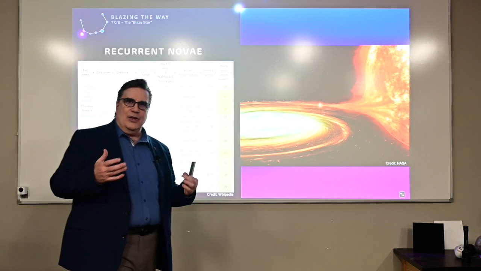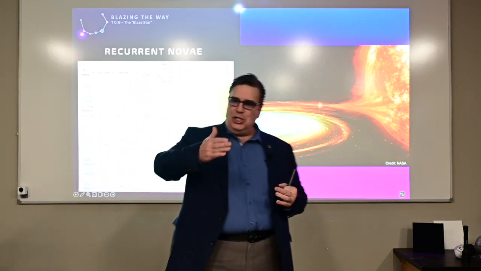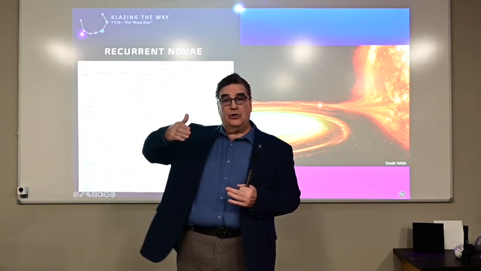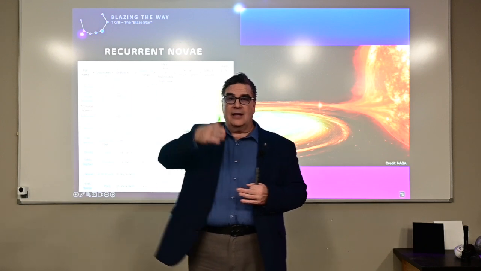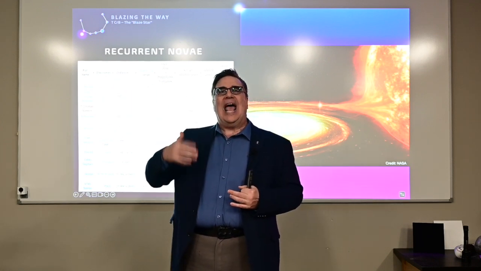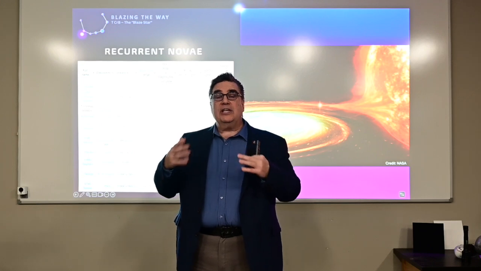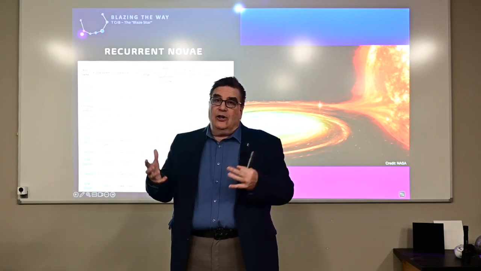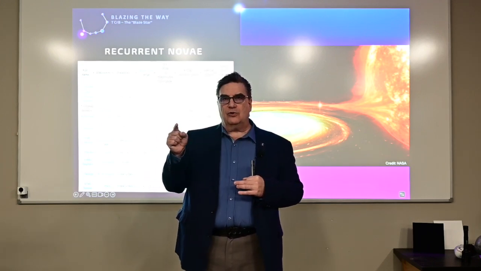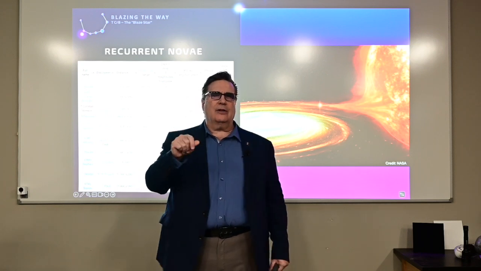Now, just as a quick refresher, each jump in magnitude, whether you're going greater or less, is a difference of 2.5 times. So between 1 and 2 would be 2.5 times brighter or fainter, depending on which direction you're going. And here's where it gets a little odd.